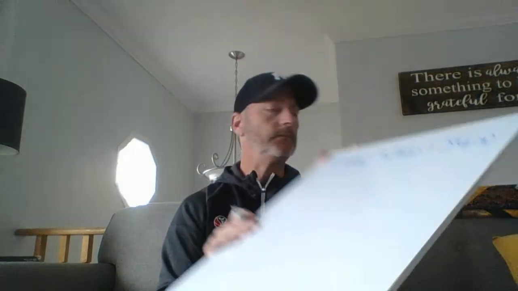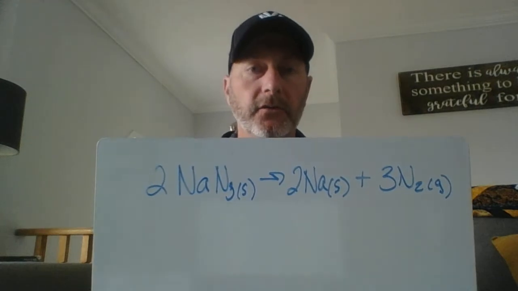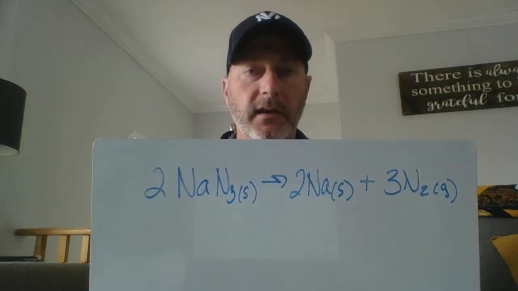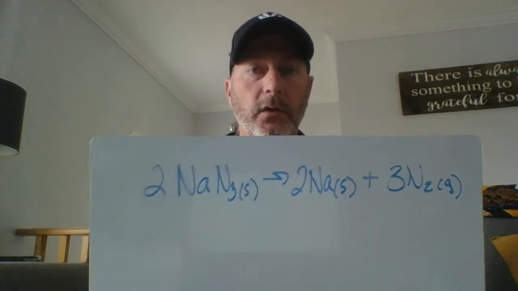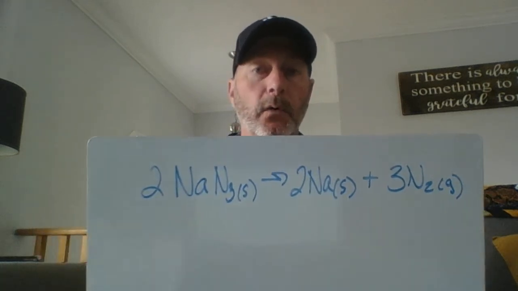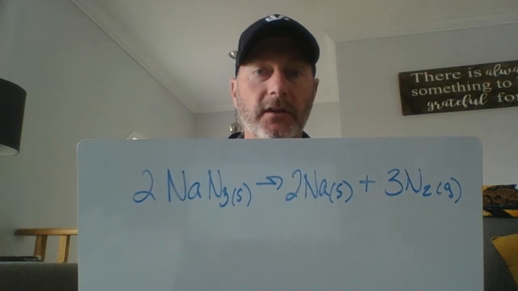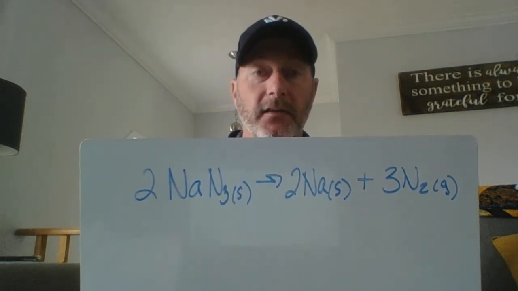2NaN3, which is solid, gives us 2Na plus 3N2, gas. Okay, so here's a chemical reaction, and in this particular one, in an automobile, when sodium azide decomposes you get nitrogen, and it's that chemical reaction that inflates an airbag.